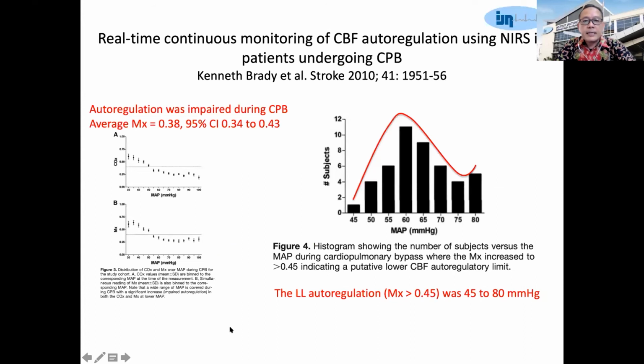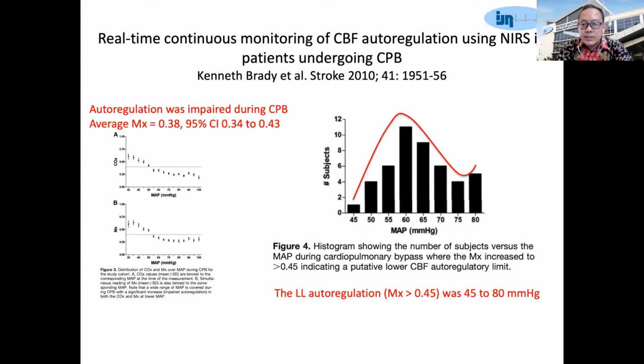Not only that, he also found that cerebral autoregulation was impaired during cardiopulmonary bypass, and the average was found to be about 0.38. He also found that the lower limit of autoregulation was anywhere between 45 millimeters of mercury to 80 millimeters of mercury in his series.